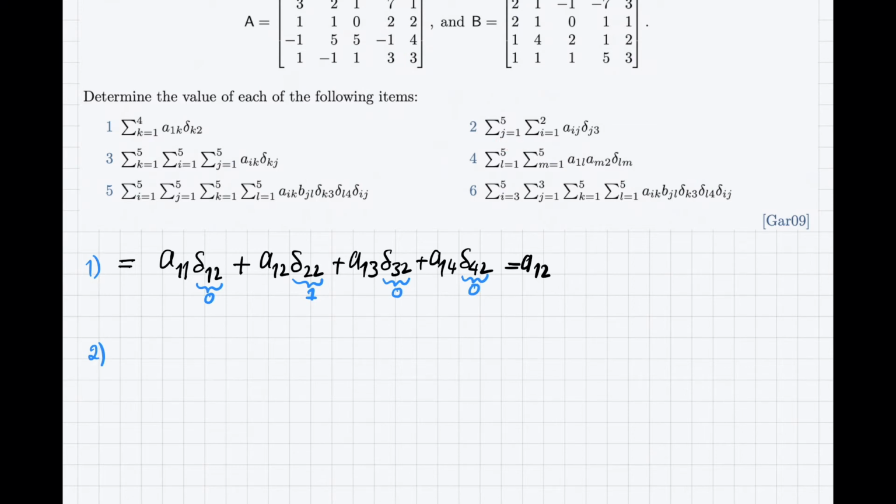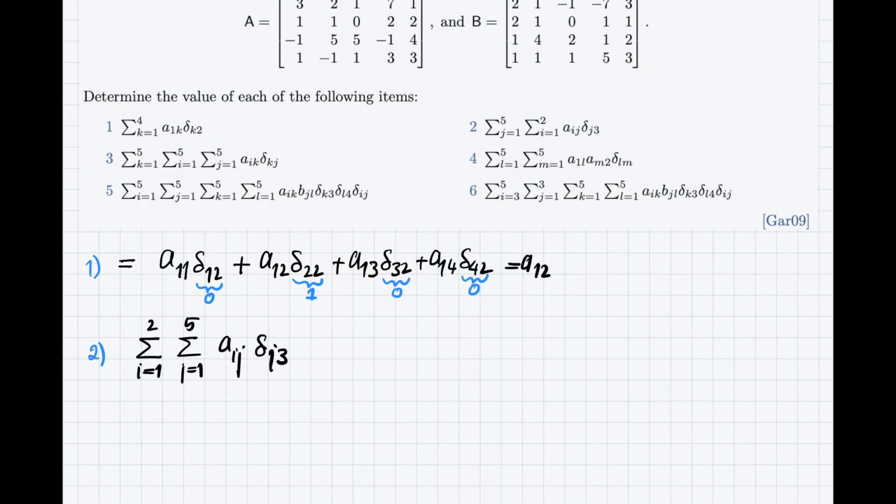Do you remember that in the previous session we showed that if we have double sums, we can interchange them? So I write it as the sigma over i first, and then the sigma over j second. Then I will have A sub ij delta j3.